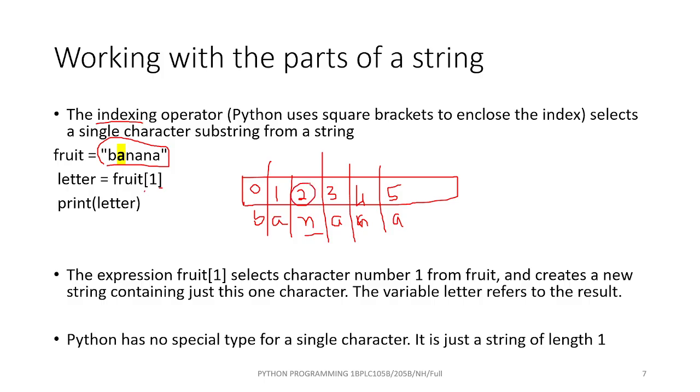The index indicates the position. So that index should be enclosed within the bracket, square bracket. Okay. So this is the code to access the things. I can store once I access that. I can use a variable which holds a single character.